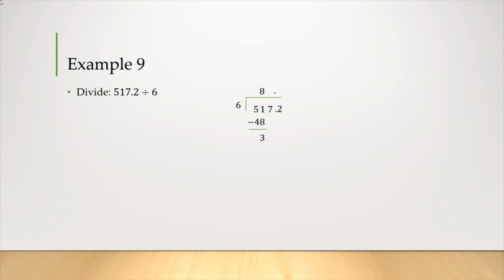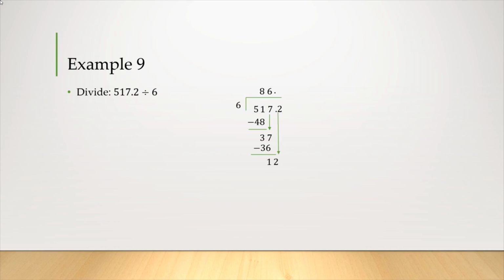Then you subtract, so that'd be 3. Bring down the 7. So how many times does 6 go into 37? 6 times. 6 times 6 is 36. Now you want to subtract these. 37 minus 36 gives you 1. Now we need to bring down the 2.